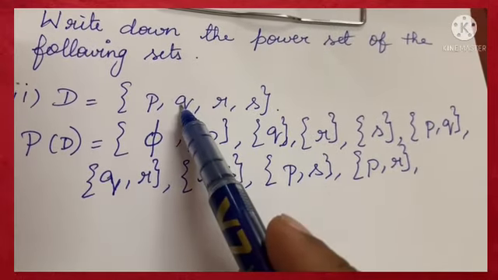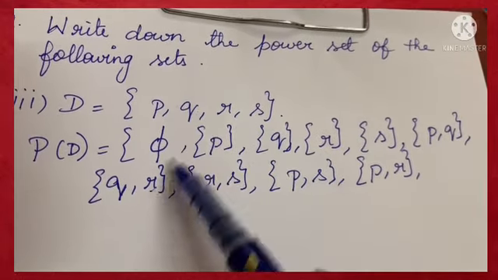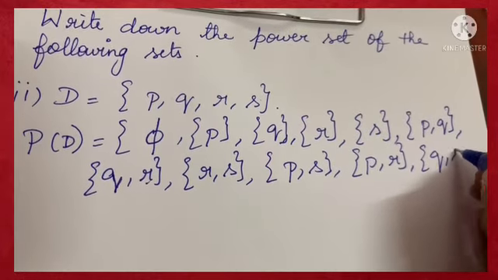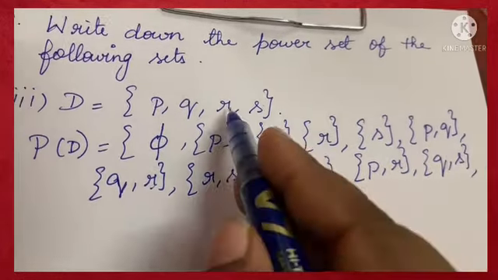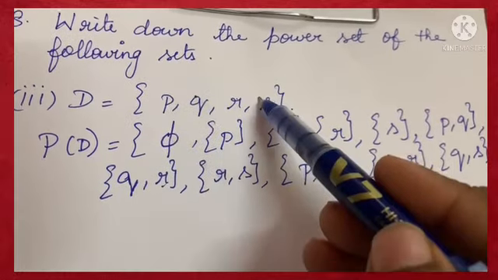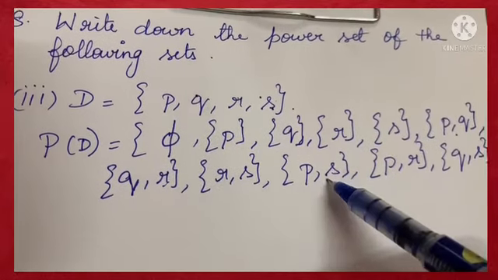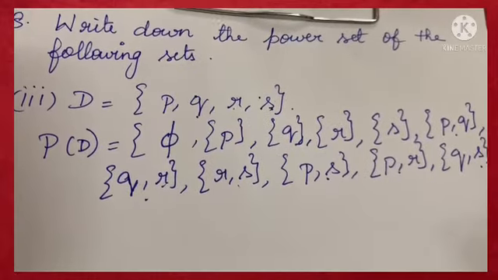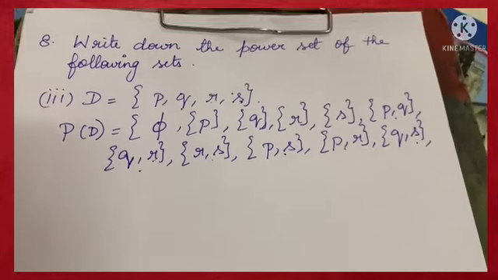Okay. Then QR, QS is also one subset. And then RS. Can you understand? Take P, club with Q, R, S. So PQ, PS, PR. Take Q, club with R and S. QR, QS. And then RS. So these are the subsets.